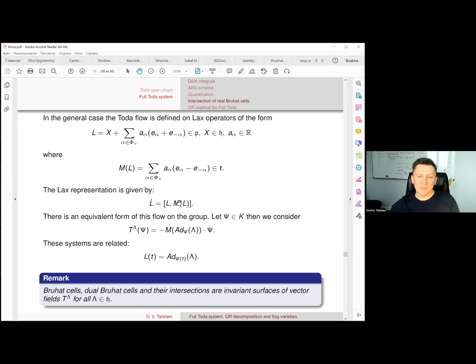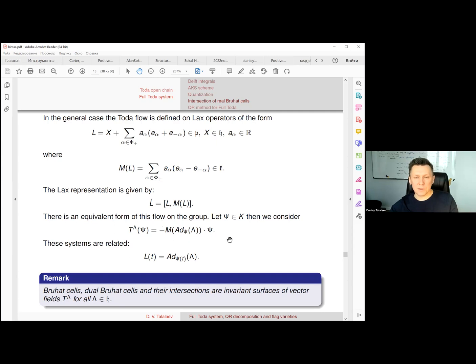These dynamics can be rephrased on the level of the corresponding compact group. So let us define a dynamic on elements psi from the corresponding compact group. We consider the flow which is given by this expression. Here M is given by this antisymmetric matrix. Here psi acts on a diagonal matrix lambda. We apply M at this point to psi.